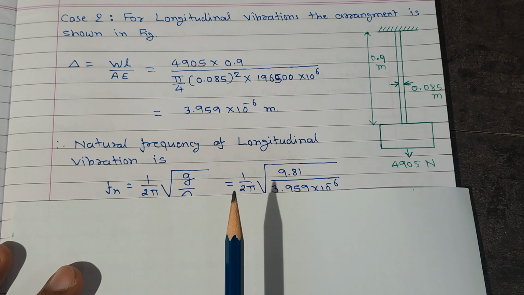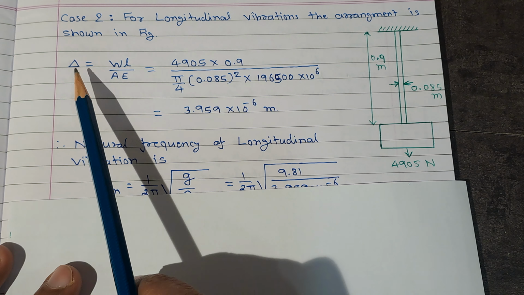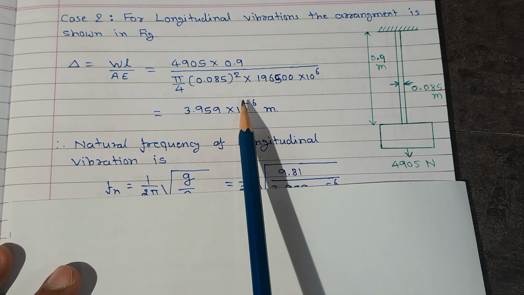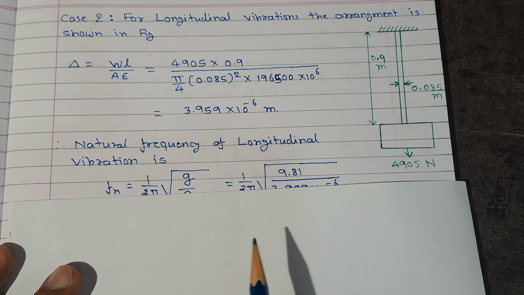So on calculation we found delta is equal to 3.959 into 10 raised to minus 6 meter.